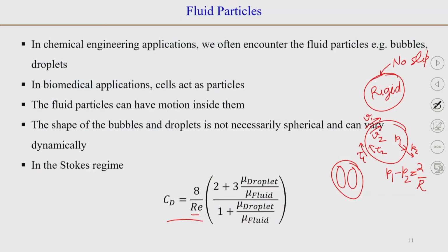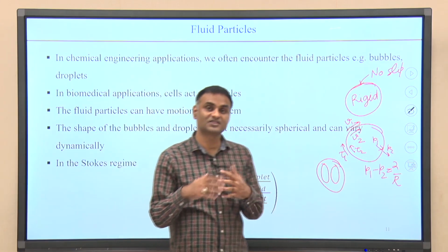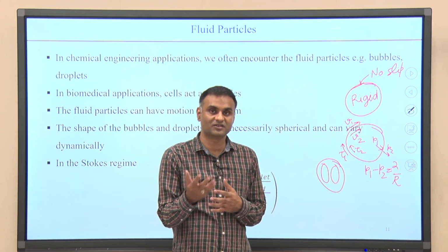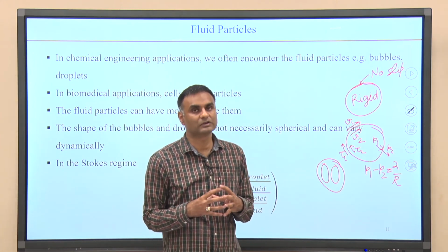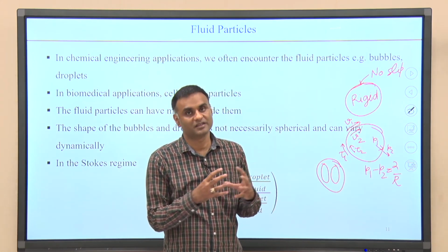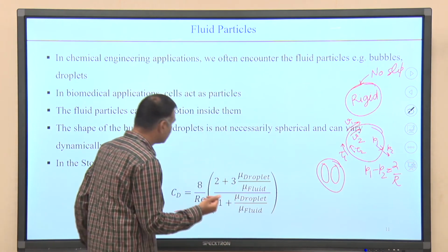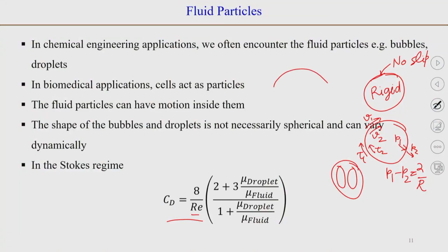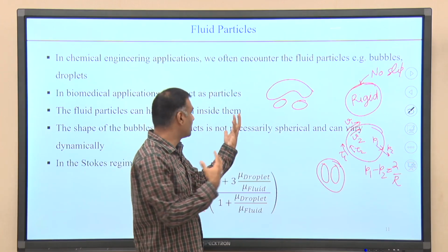Okay. But the bubbles and droplets will not necessarily be spherical, their shape changes dynamically, especially when the Reynolds number that you calculate based on the bubble diameter is large. So, at higher Reynolds number, you might have a bubble shape like this, and in the back of it there will be vortices, and these vortices interact with the bubble.